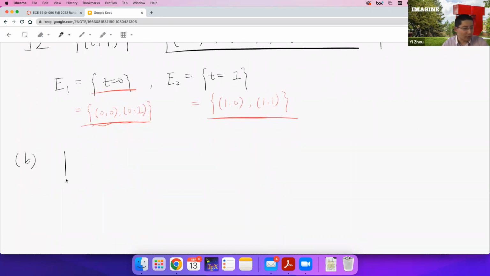Now, the second question is, given that we receive a 0, what is the probability that the transmitted message is 0? This is really the interesting question that we want to ask in practice, because we never know the transmitter side. What we can observe is the receiver side.